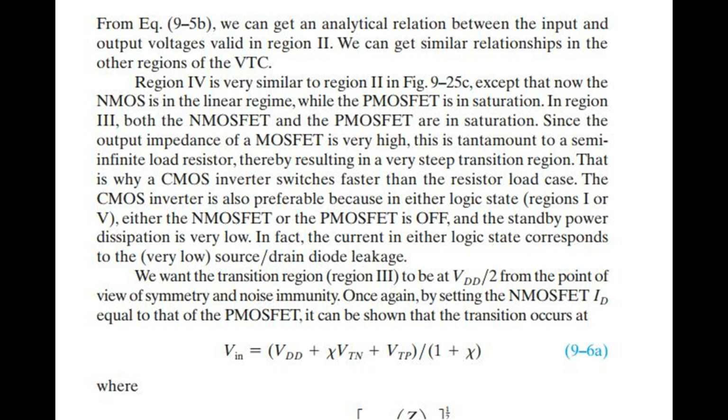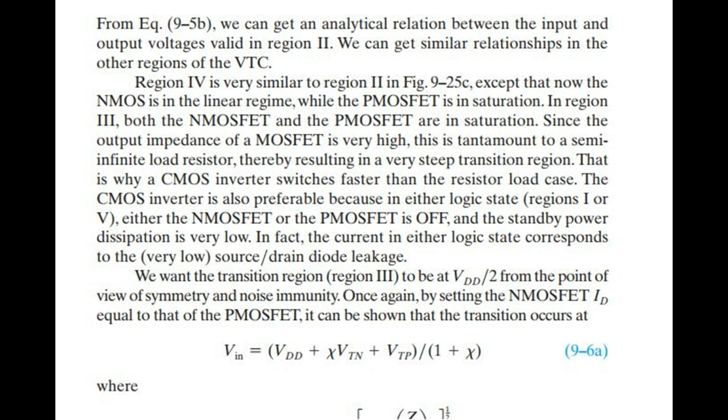The CMOS inverter is also preferable because in either logic state, regions I or V, either the N-channel MOSFET or the P-channel MOSFET is off, and the standby power dissipation is very low. In fact, the current in either logic state corresponds to the very low source drain diode leakage.